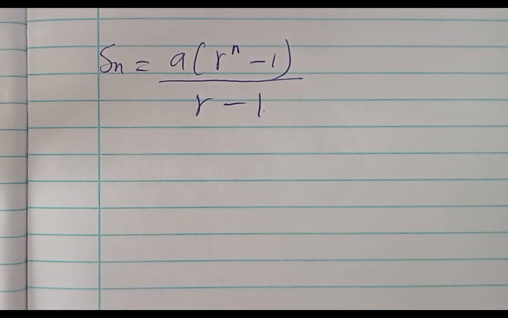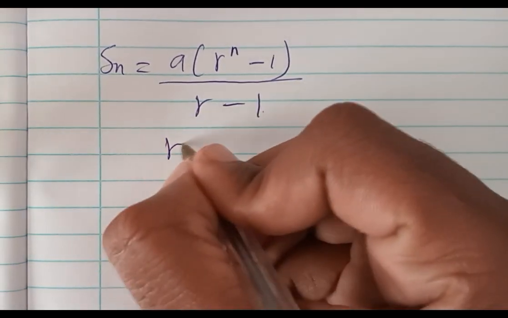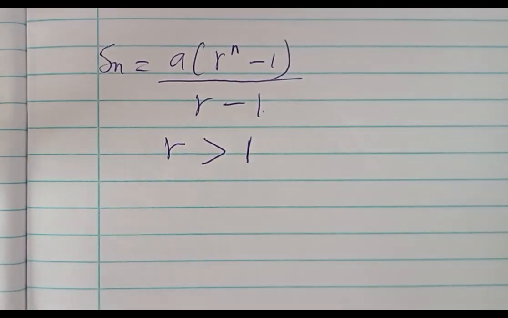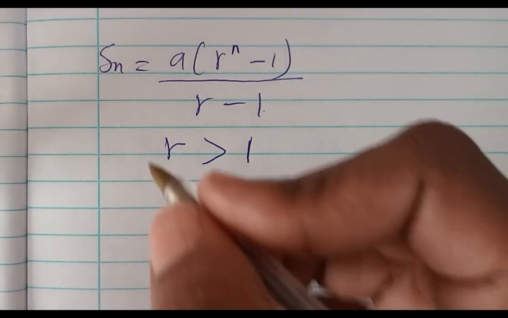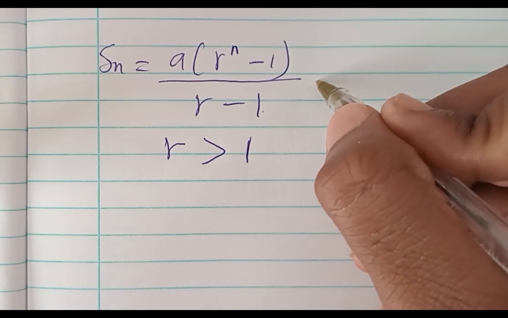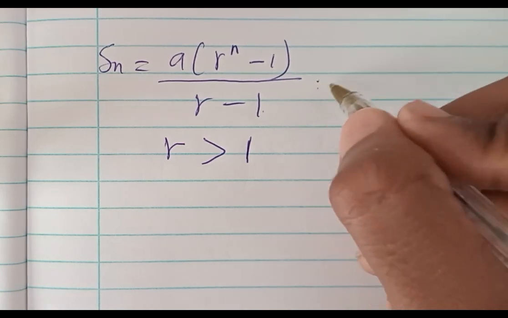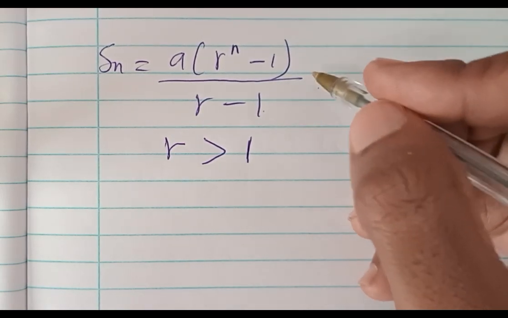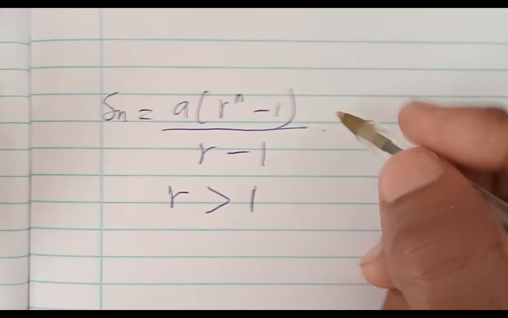You see, we use this one when our r is greater than 1. Okay, so this is the first one. Remember, this is the first one, and it is for geometric.